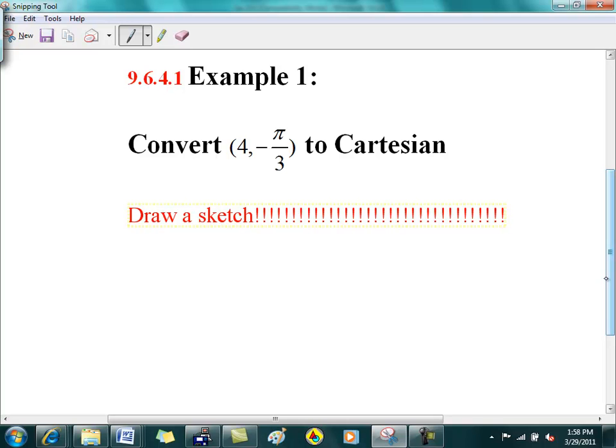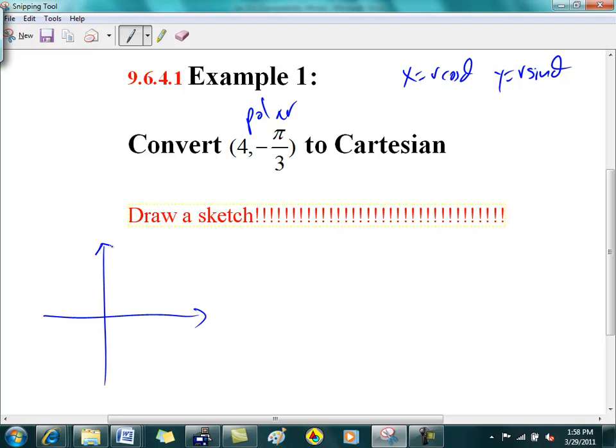So this is in polar, and I want to go Cartesian. Remember that the equations that are relevant at that time are x equals r cosine theta and y is equal to r sine theta. Those are the two relevant equations. So I'm going to draw a sketch, and minus pi over 3, which direction does it go in?